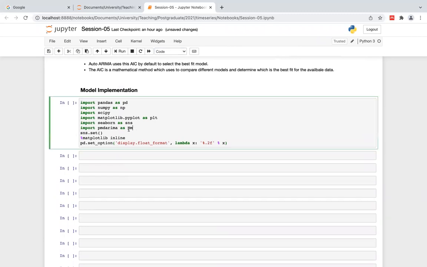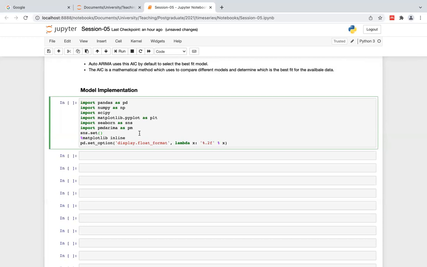Then this is the special case that I am importing in here. That is called pmdarima. This library is the one you have to use to model this auto ARIMA, right? You can add it using pip install.